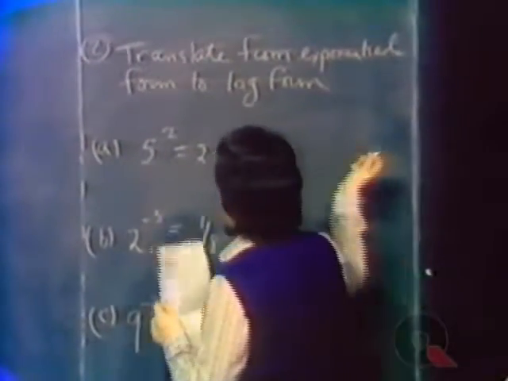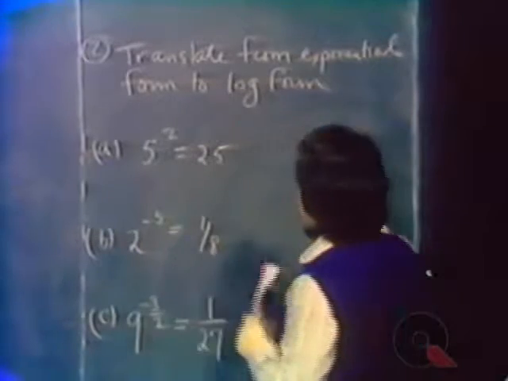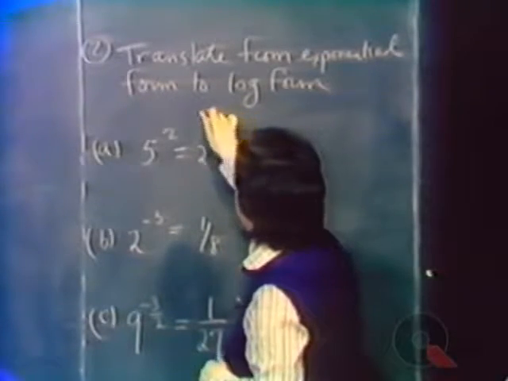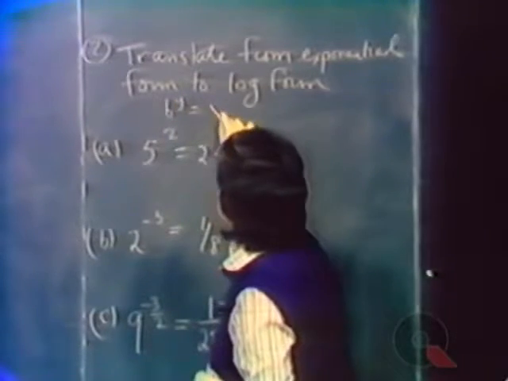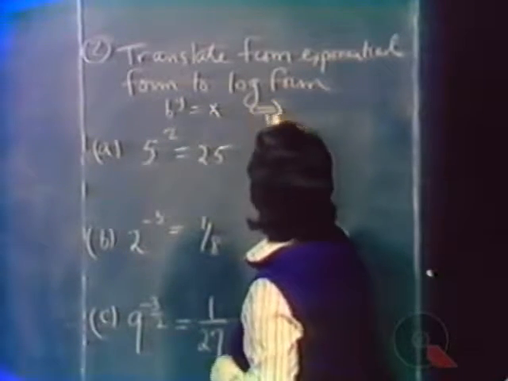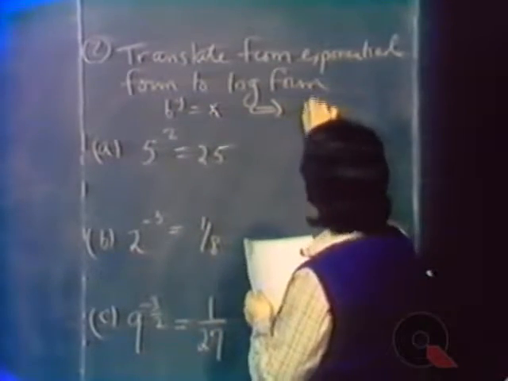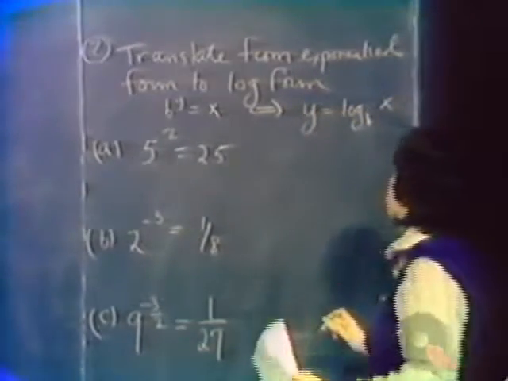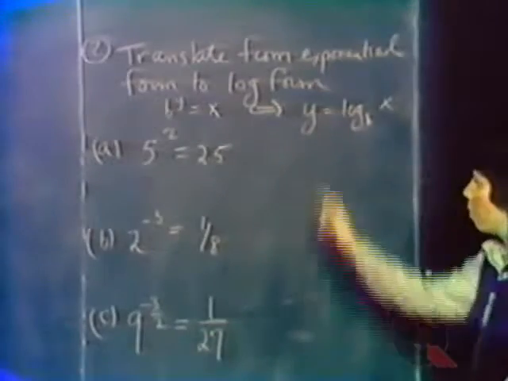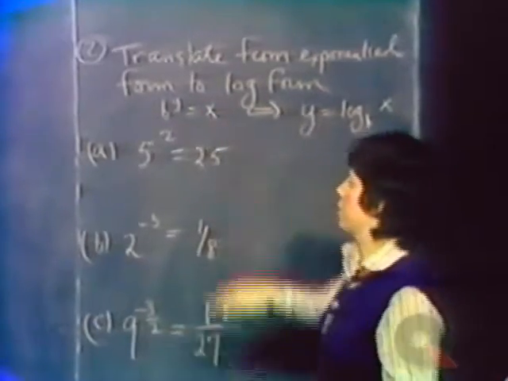And if it helps, I can write down the basic relationship again. b to the y equals x is equivalent to y equals the log of x to the base b. y is the power that you'd have to raise b to get x.